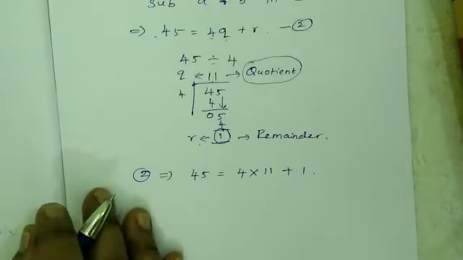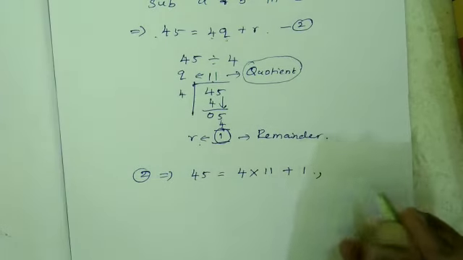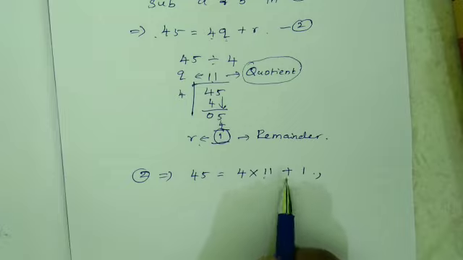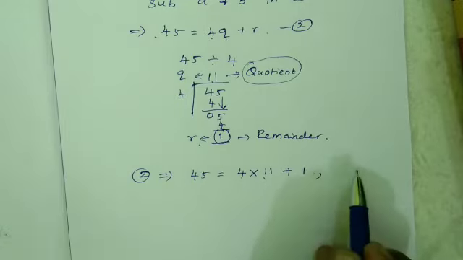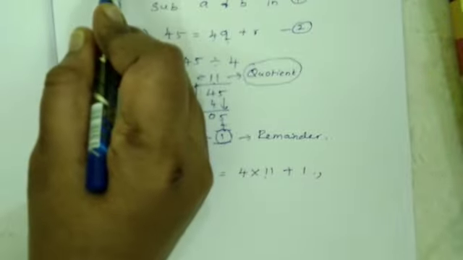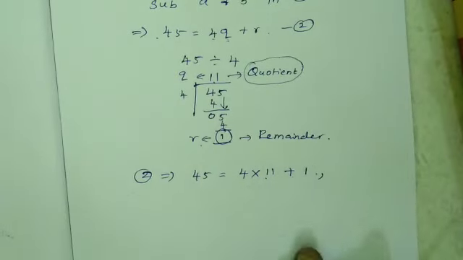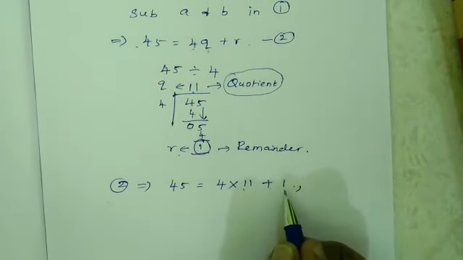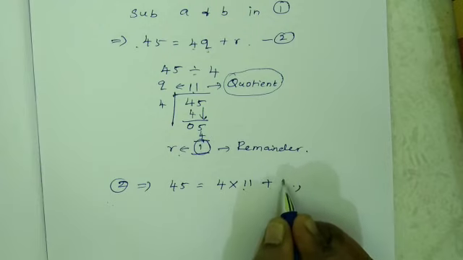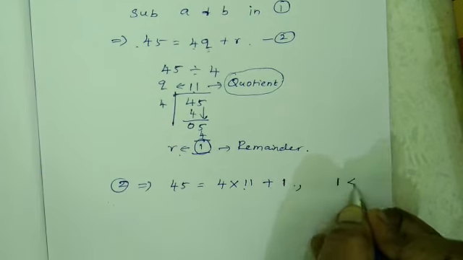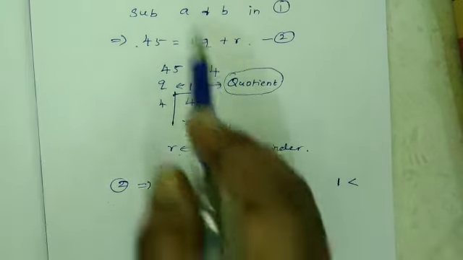Now we have written 45 as 4 into 11 plus 1. Also we have one condition in our equation: r should be less than b and greater than or equal to 0. Here r is equal to 1. So 1 should be less than b, and here b is 4.